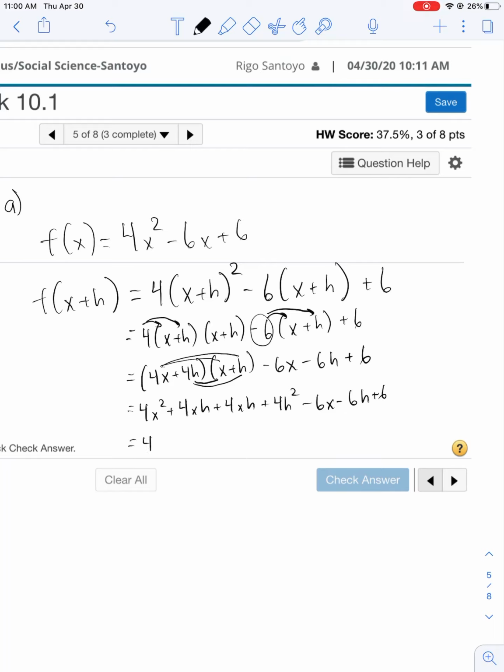I'm going to combine like terms. Looks like these two can definitely be combined there. So you get plus 8xh plus 4h squared. Looks like we write everything else, and I think that's as far as we can go.